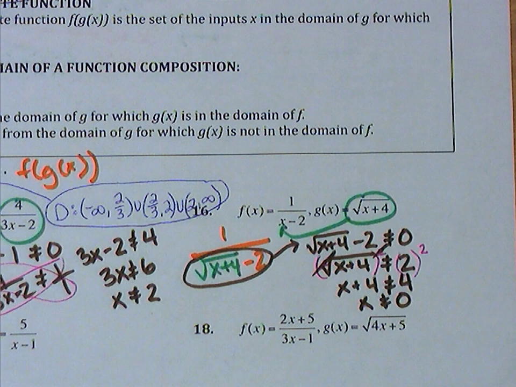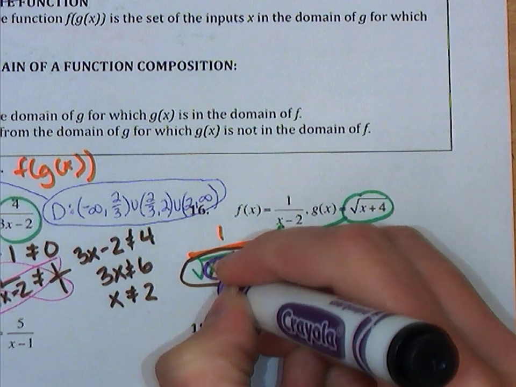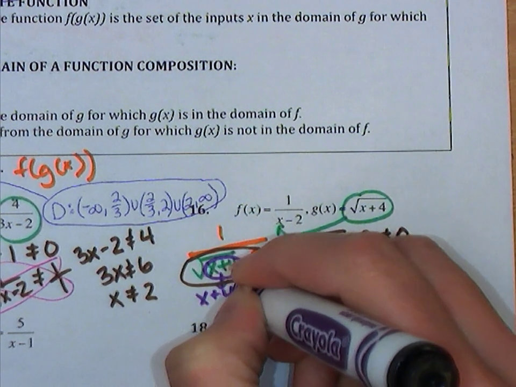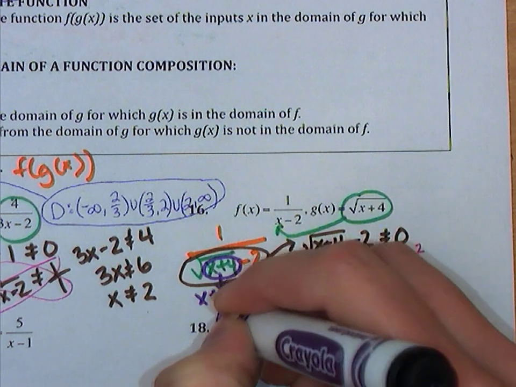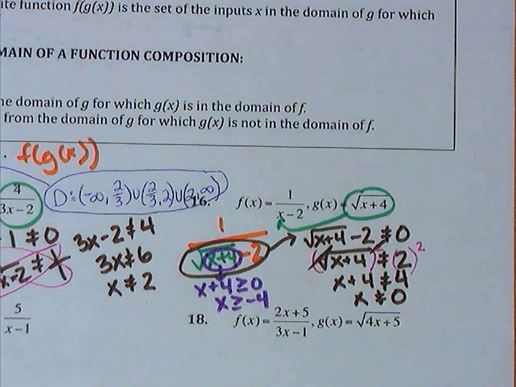That's the first part. And then you have the darn even root under there. So for the even root, remember you take what's underneath. X plus 4 has to be greater than or equal to 0. So x has to be greater than or equal to negative 4.